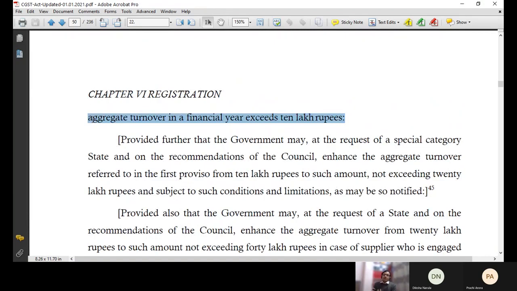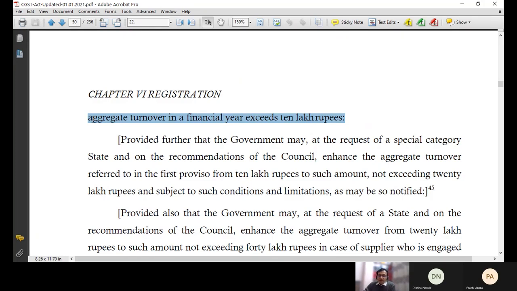That's it. So in a special category state, I must apply for registration if my aggregate turnover in a year exceeds 10 lakh. Other than special category states, I must apply for registration if my aggregate turnover in a financial year exceeds 20 lakh rupees. These are the 2 points which the Act says.